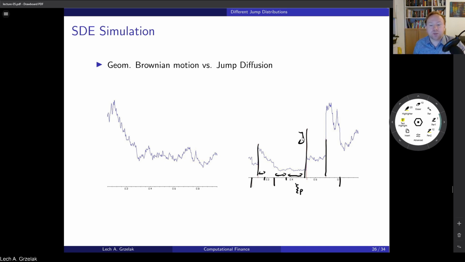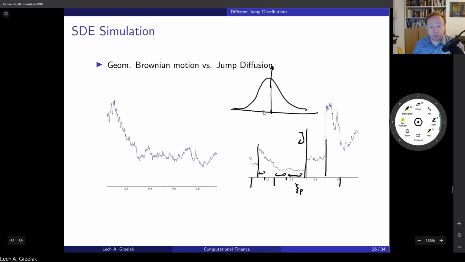Of course, if J is constant, then you would expect that every jump that happens would have the same magnitude. On the other hand, you see that it's short, big, small, small, smaller, very big. If you simulate a large number of jumps and look at the distribution of those J's, these sizes of jumps, then you could see that this is actually the distribution of J. So this is a normal distribution.